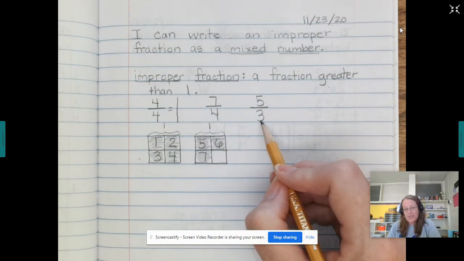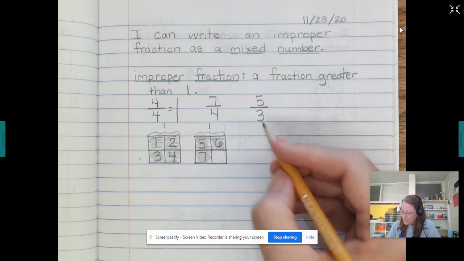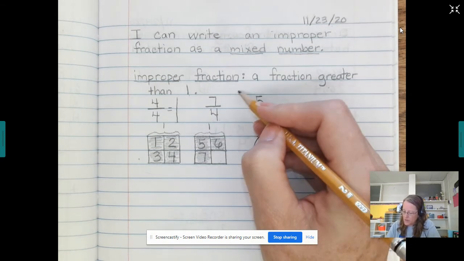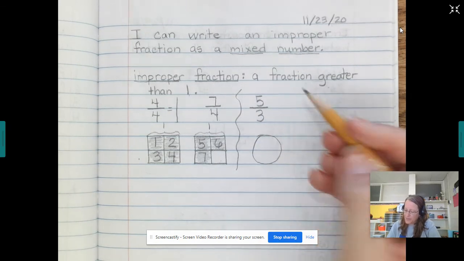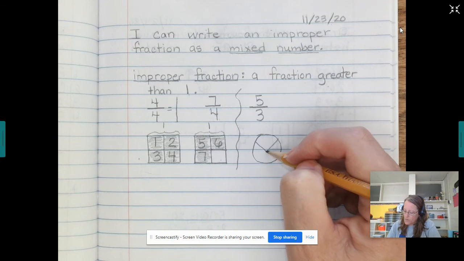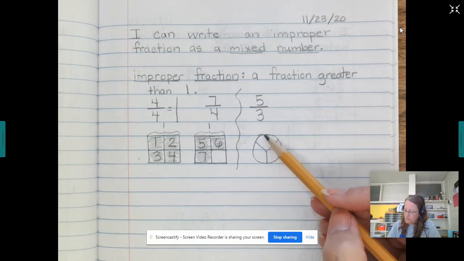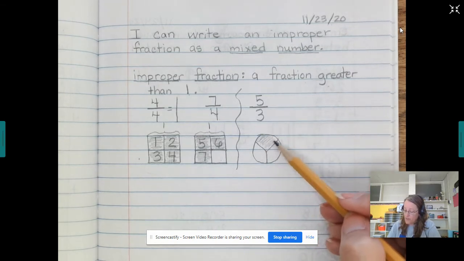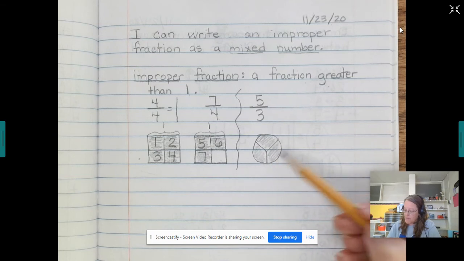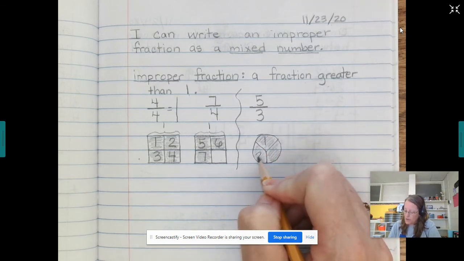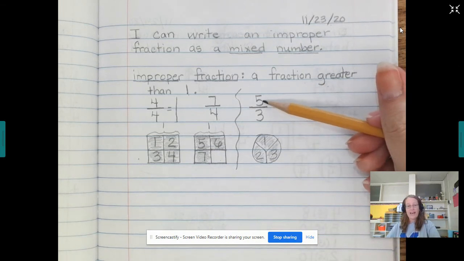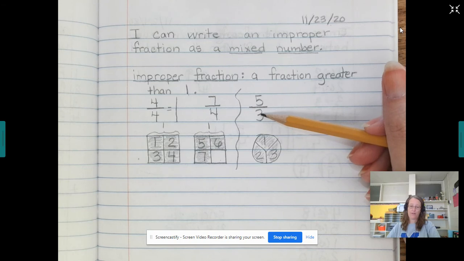How many thirds equals 1 whole? I'm going to draw a little squiggly line here. So how many thirds equals 1 whole? 3/3. That's right. Here's 1/3, 2/3, 3/3, but I have 5/3.